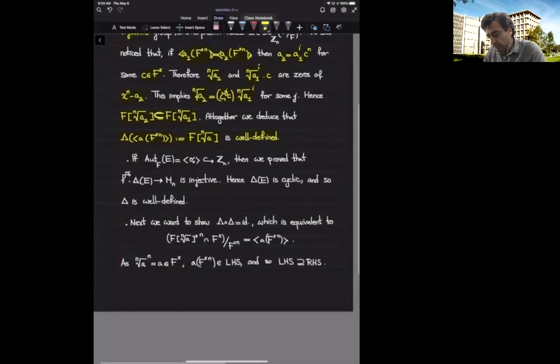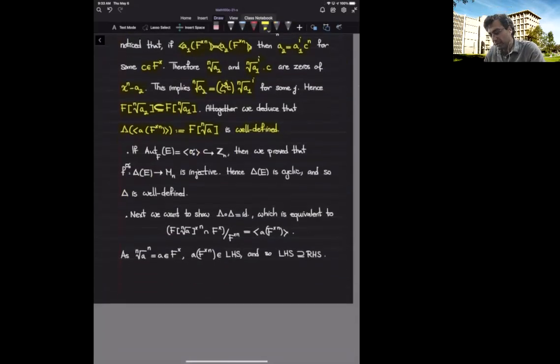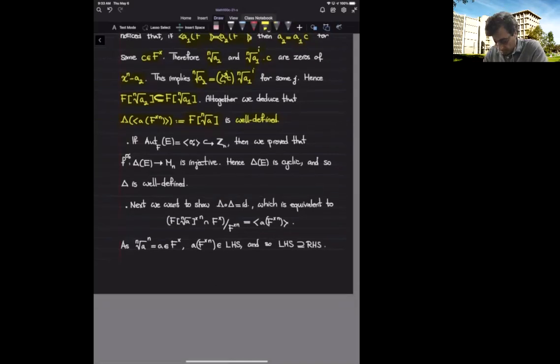Now, let me also quickly recall how we showed f sub sigma is a well-defined function. We argued that f sub sigma naught, the group homomorphism that we got out of the Kummer pairing from delta of E to mu sub n, is indeed injective.